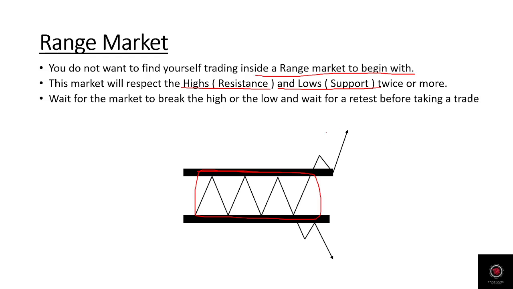What I basically mean by that is, when I see that we have two respects at our areas of resistance, this automatically tells me that we are currently tapping inside some sort of range market. So if I have two or more respects inside my areas of support or resistance, I consider it a range market.